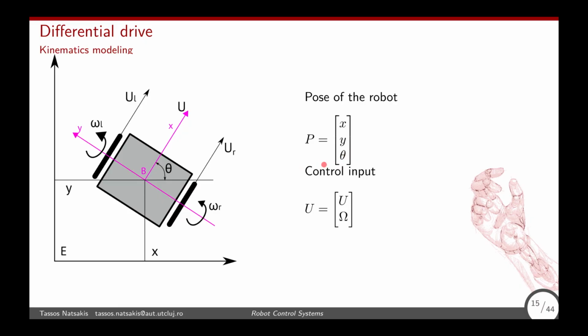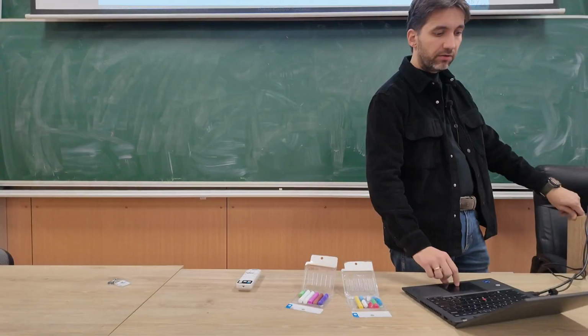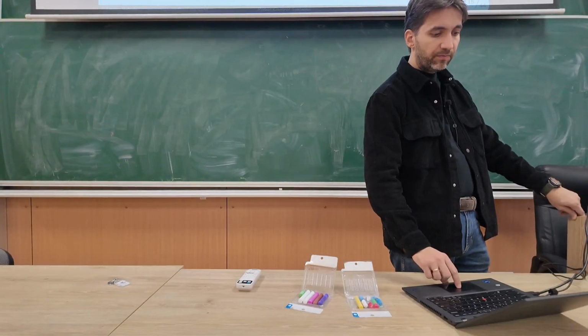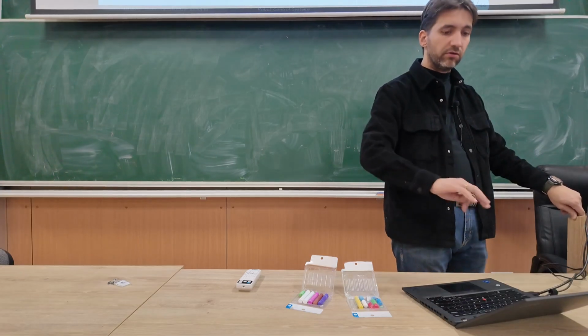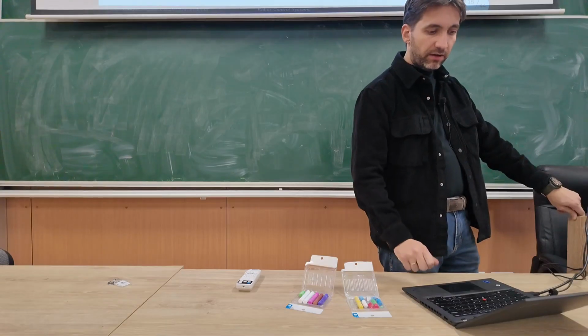And theta is the angle: I have to choose a forward direction and calculate the angle in the earth frame based on that vector, right? And I will talk about 2 control inputs, basically the linear velocity of the robot u, and the angular velocity omega, which is how fast it's going to rotate. All right.